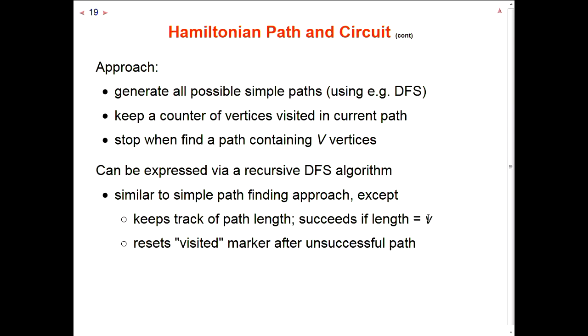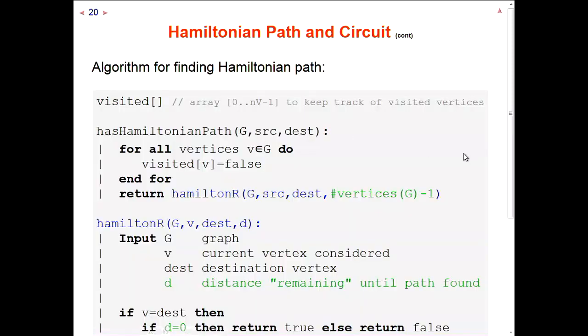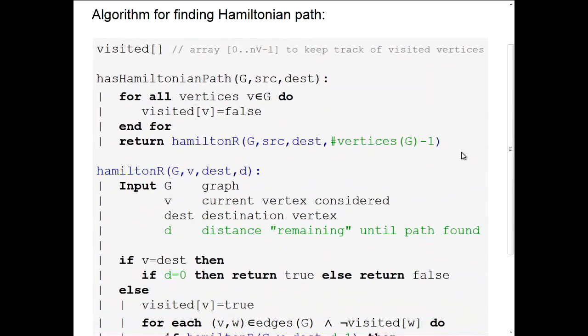And of course, we have to reset the visited marker after an unsuccessful path. So this is the algorithm here. And right after that, we will see another example, and I will take you through that algorithm step by step. So we keep our visited array. The question is, do we have a graph that has a Hamiltonian path?